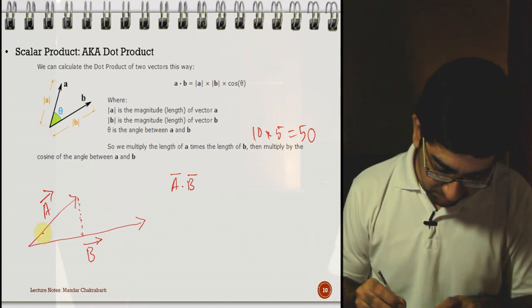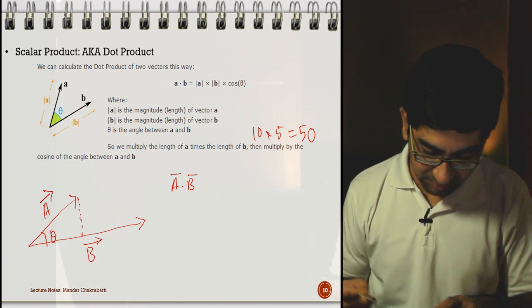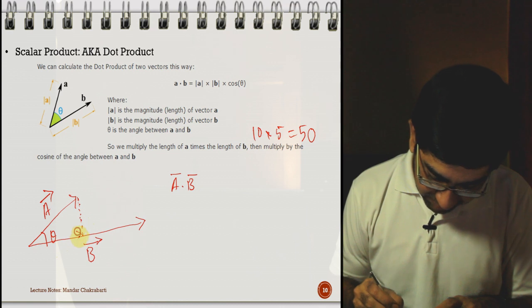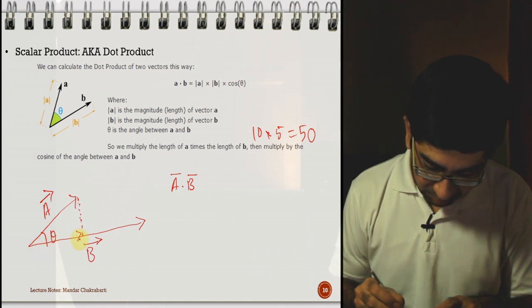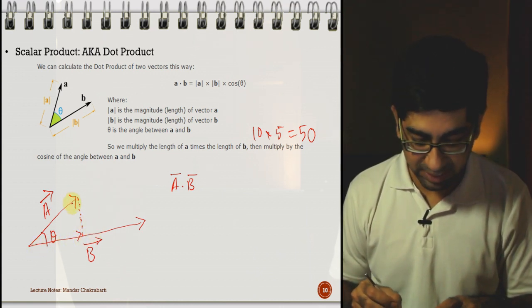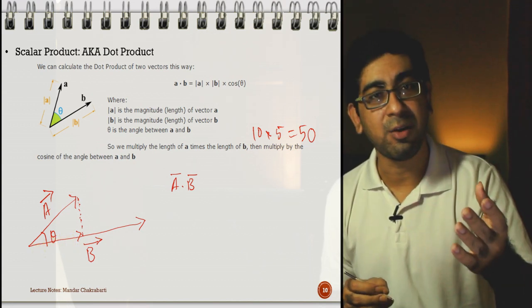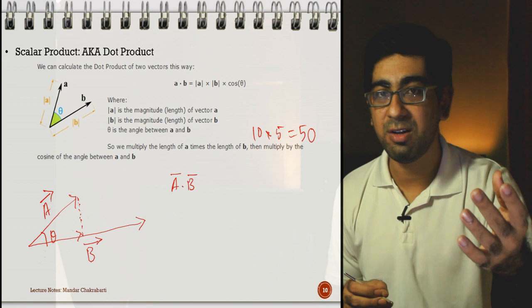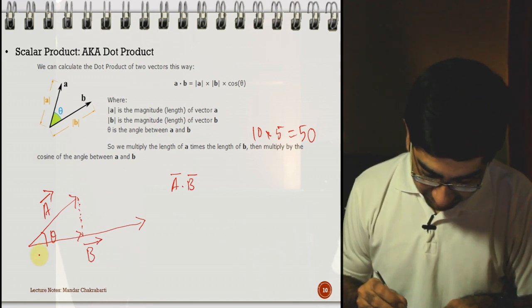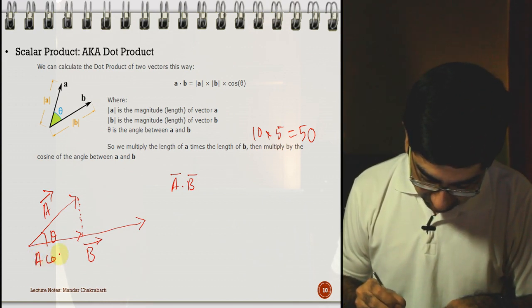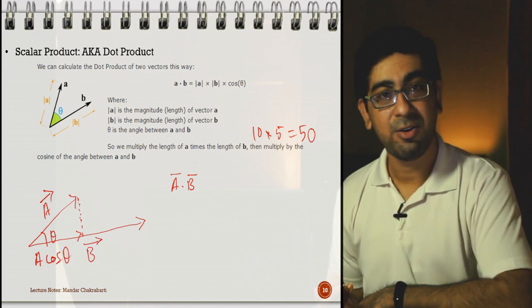If the angle between these two vectors is theta, then this particular small bit, the projection of A onto B, is given by what, if you can tell me all? Yeah, that's right. This is given by A cos theta, right?